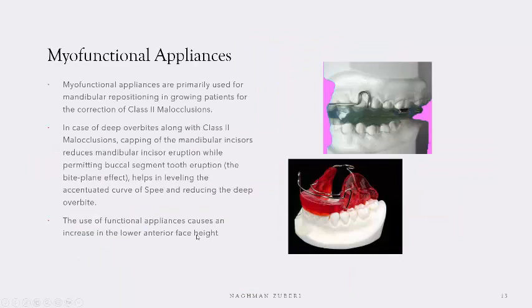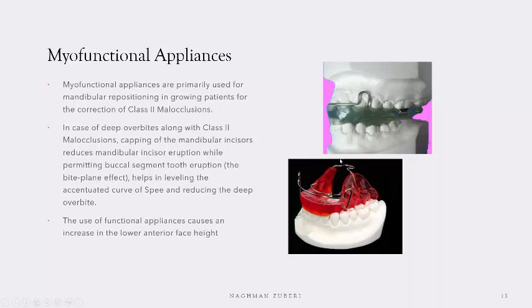Myofunctional appliances are also used, especially if there is a skeletal Class 2 and the patient comes to you before the prepubertal growth spurt. Then you can easily choose the appliance you trust the most. There are several appliances. We can have a separate lecture on myofunctional appliances because there are so many.